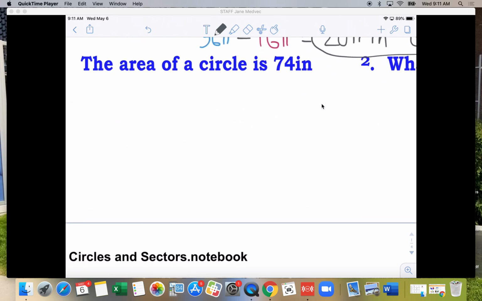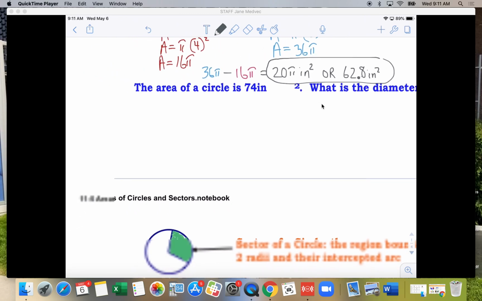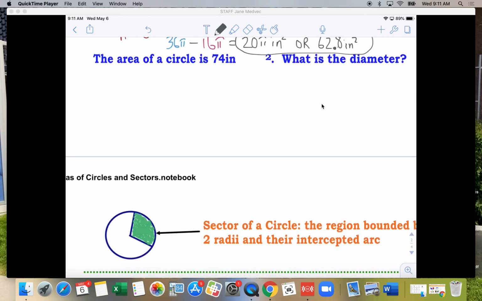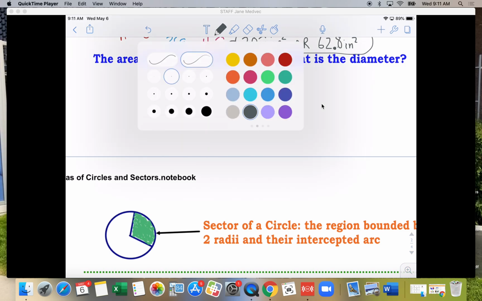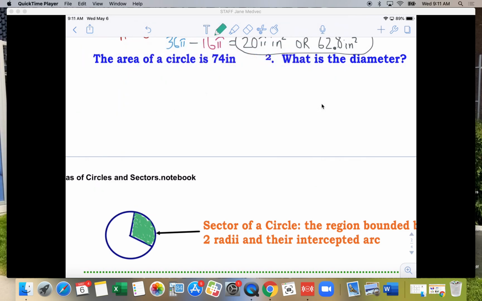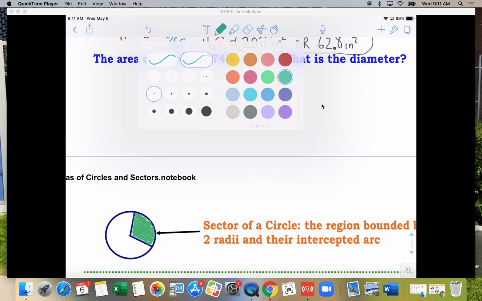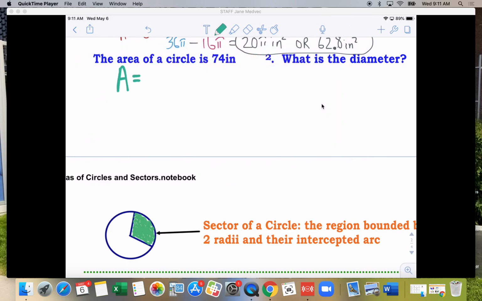It says the area of a circle is 74 inches squared, and they're asking what the diameter is. Again, we're going to grab that formula: A equals pi r squared, and they gave me the area, which is 74.